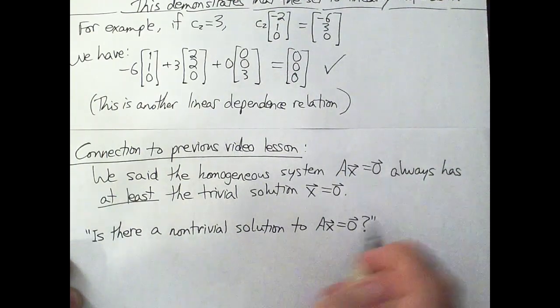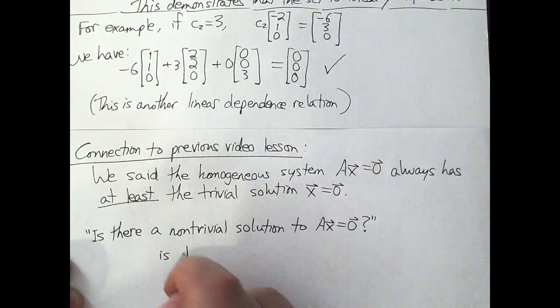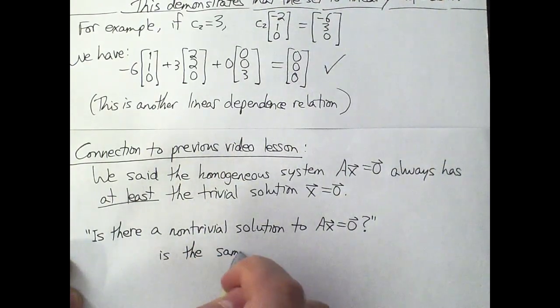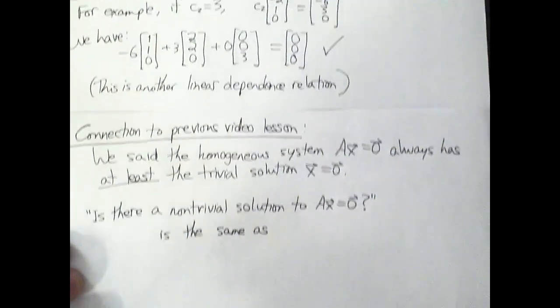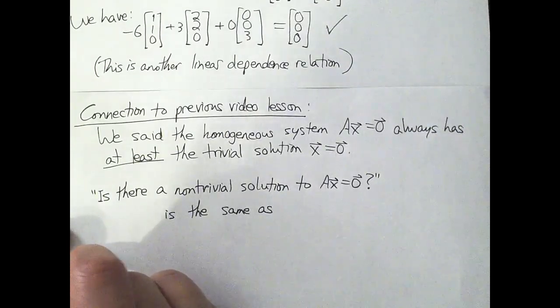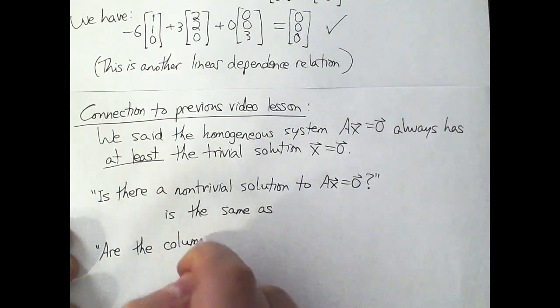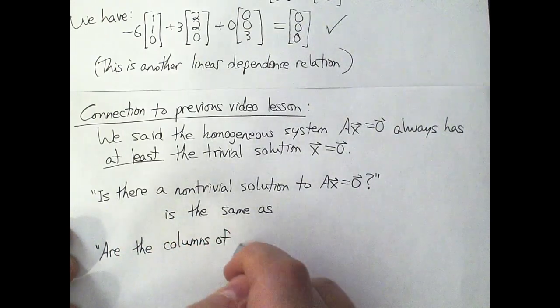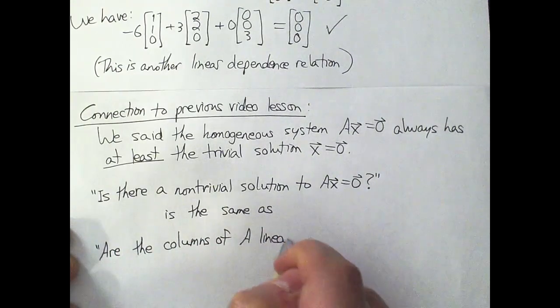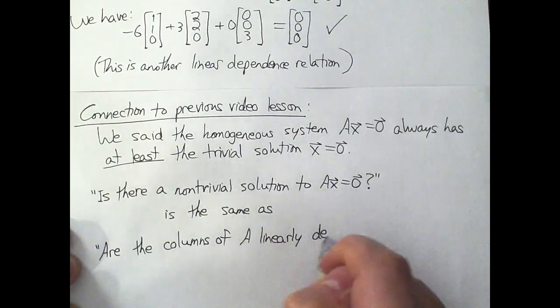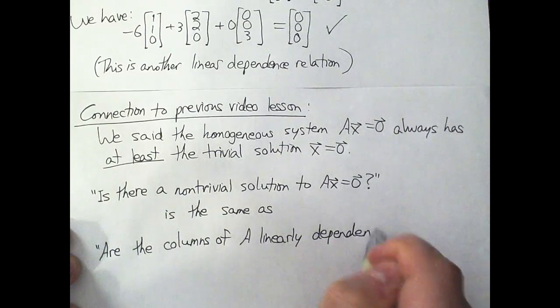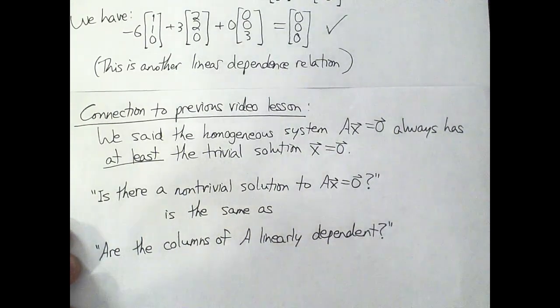I want to say that that question is equivalent to the question, are the columns of A linearly dependent? Think about that for a minute. I'm not asking you a question right now. I'm just asking you to try to absorb this.